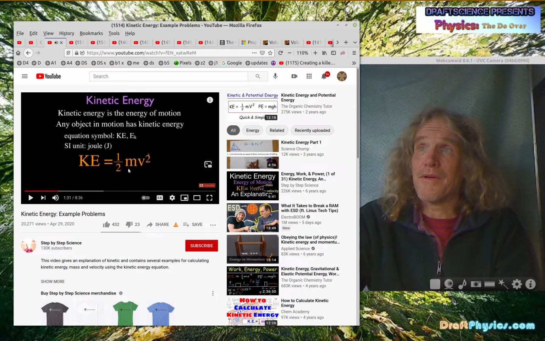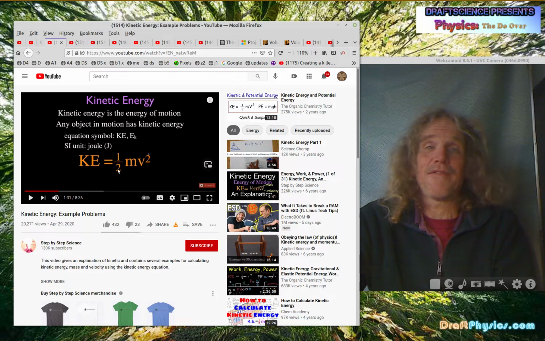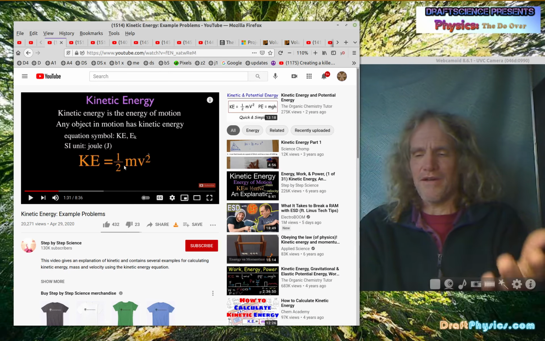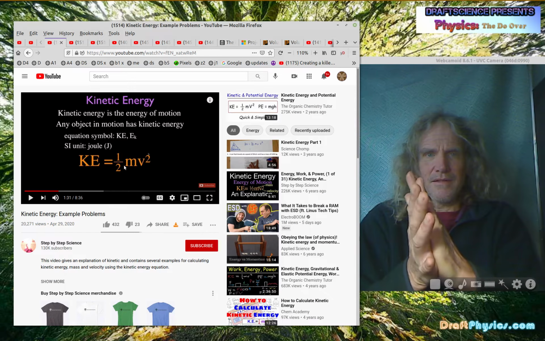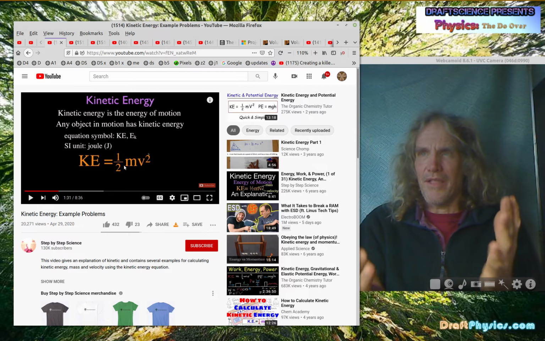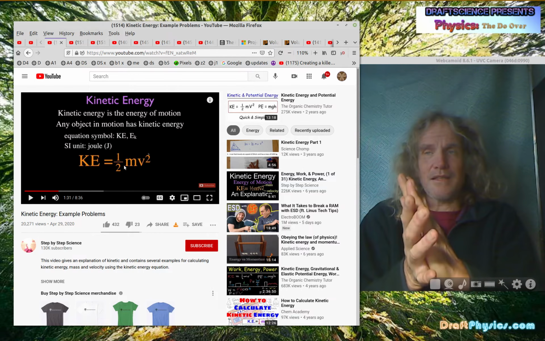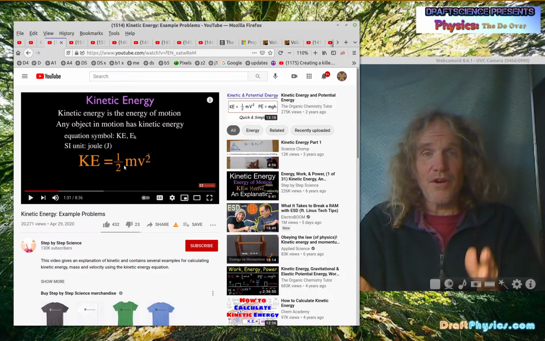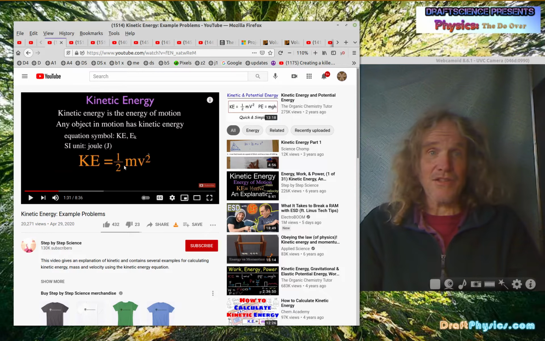And remember, the formula originally for 100 years was mv squared, no half in front of it. That's how disconnected this was from any real measurement. 200 years ago, they were saying that there was 4 or 5 or 6 times more energy inside of something than it actually had.